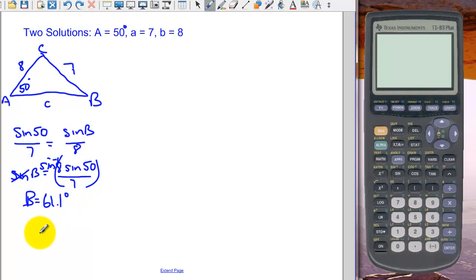So let's continue finding the first solution. So to find angle C, it is going to be 180 minus A and minus B. And C comes out to be 68.9 degrees.